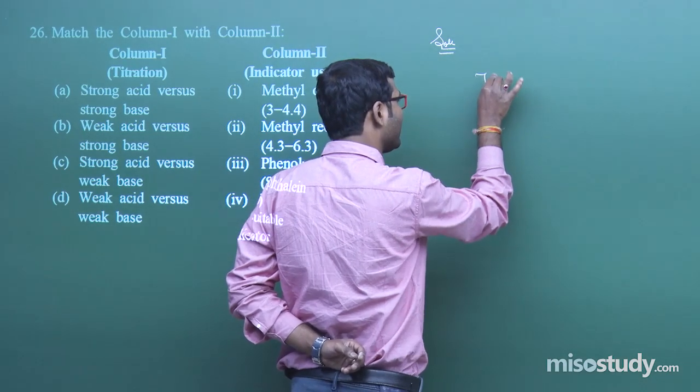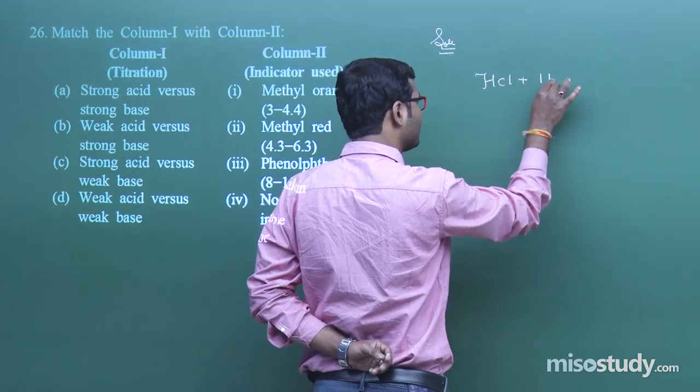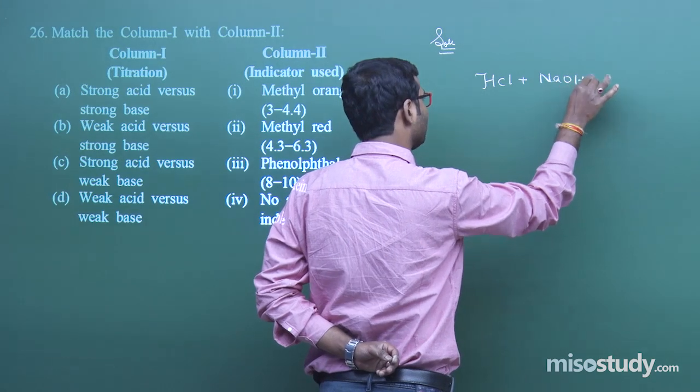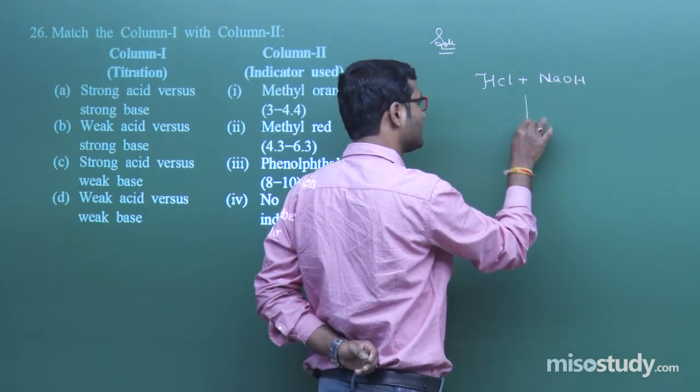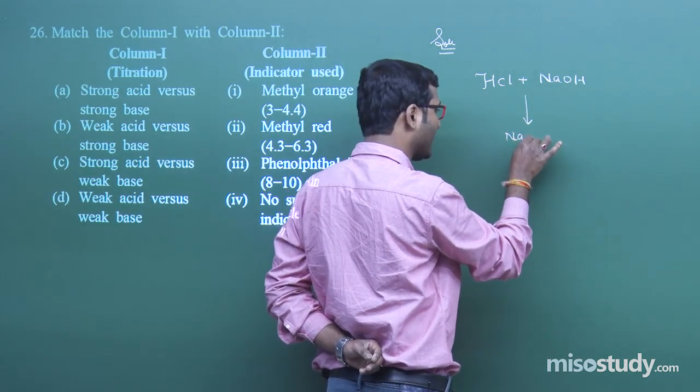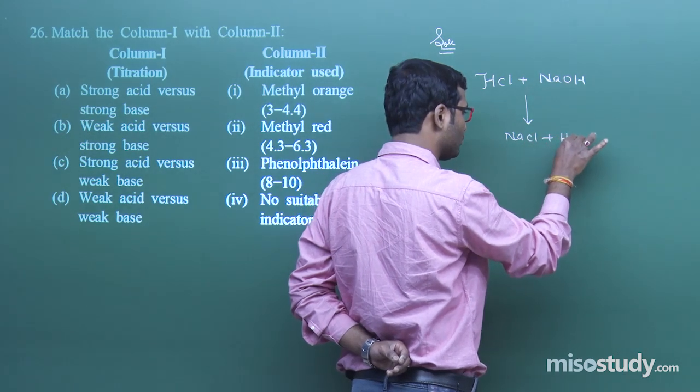Suppose I write here HCl plus NaOH. Clear to you? Yes. In this case, what are we getting? We are getting NaCl plus H2O.